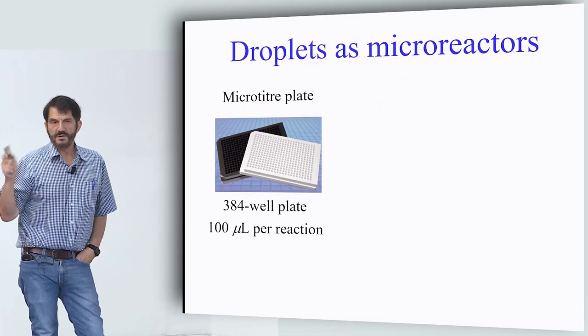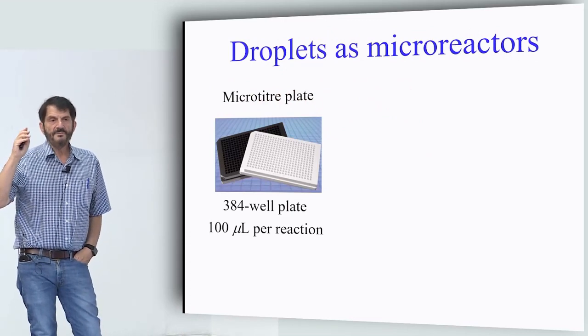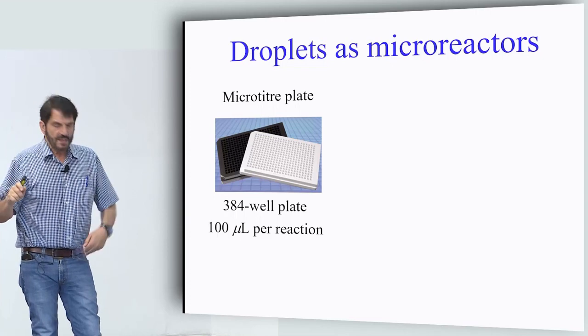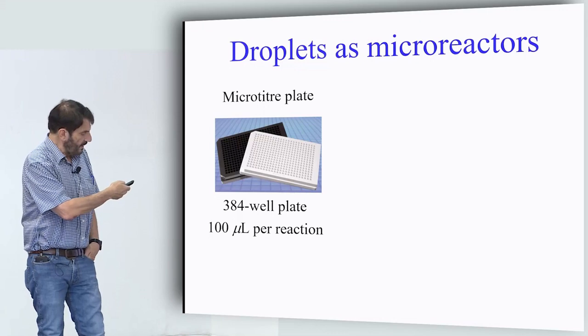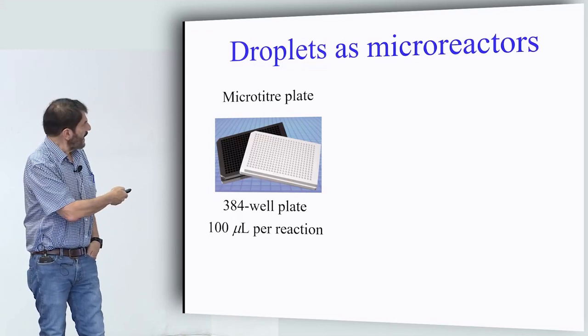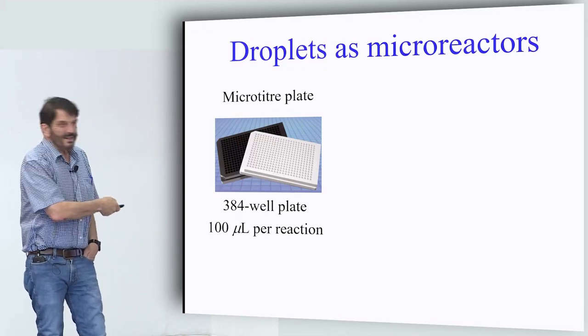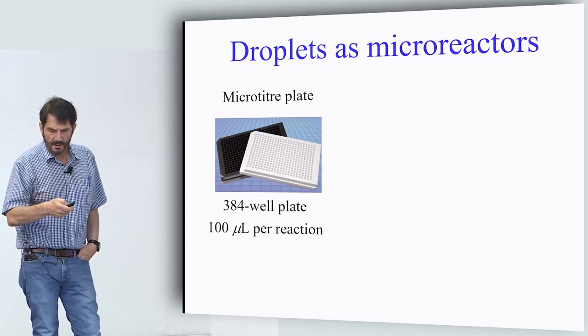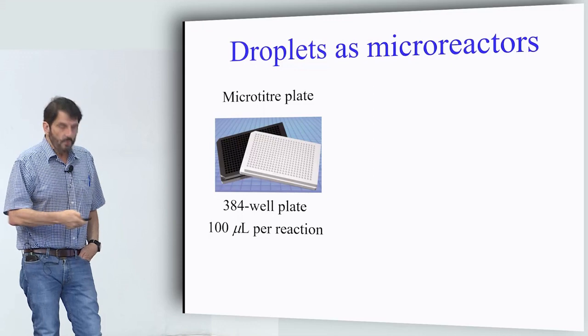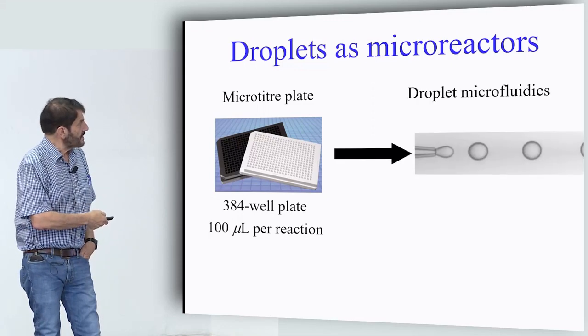The reason for this is very simple. If you do a very large number of experiments, you typically do that in a well plate. Say this is a 384 well plate. You can do 384 experiments. Each experiment typically has between 10 and 100 microliters per experiment. We replace the wells by doing the experiments in drops.